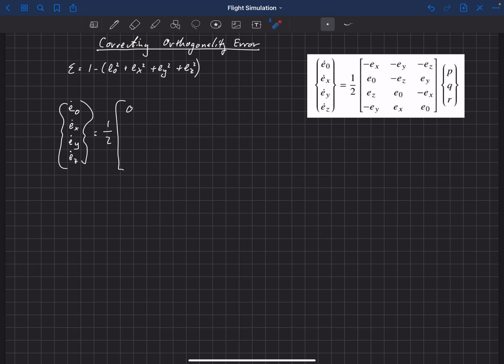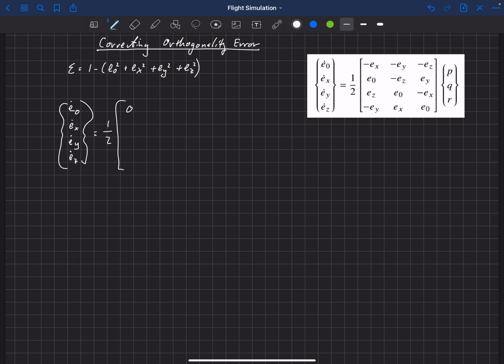I'm not working through the math, but because this is linear, because we just have a single component multiplied by a single component, we can come up with a matrix in terms of P, Q, and R multiplied by the quaternion. That gives us the exact same solution as what we have over here.